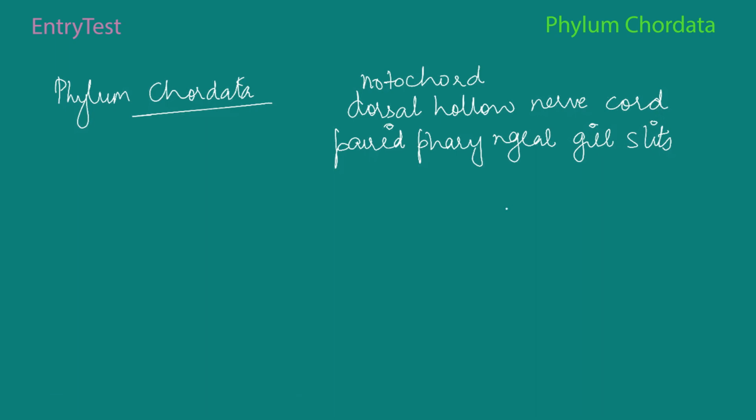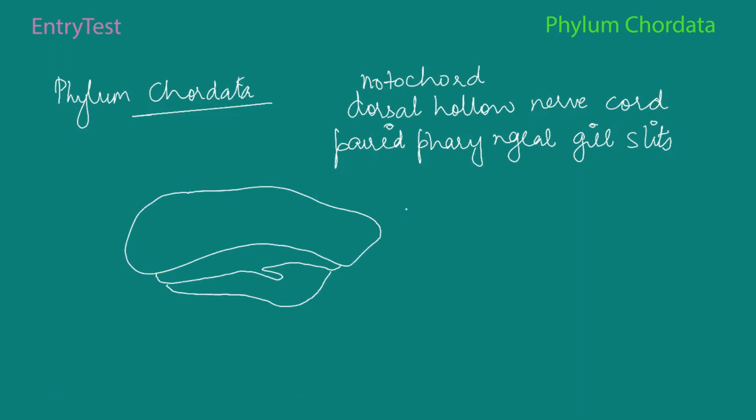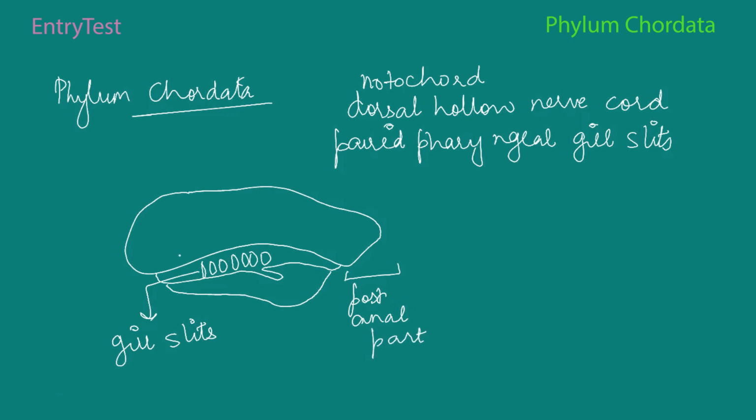So I'll give you a little description of how the animal looks. This is basically a rough diagram of how the animal should look. The gill slits are present here. So these are the gill slits. This part over here is the post-anal part. Now the notochord is present here, like this.